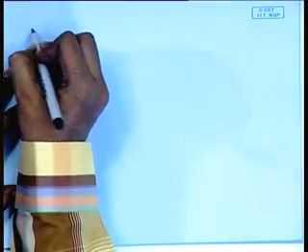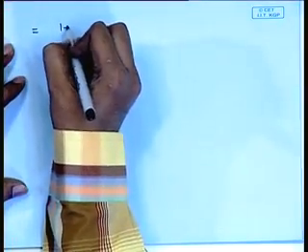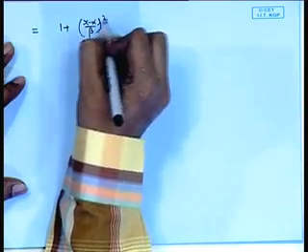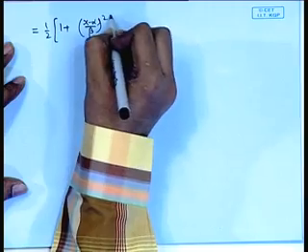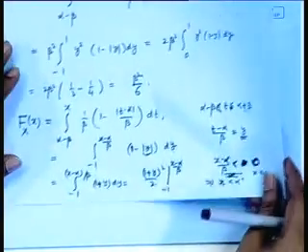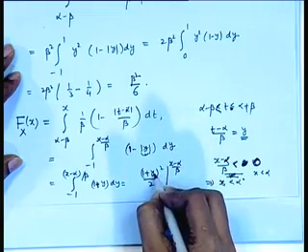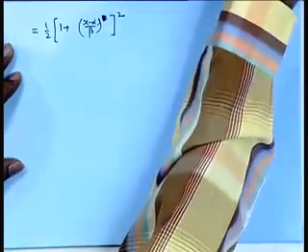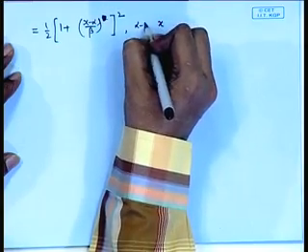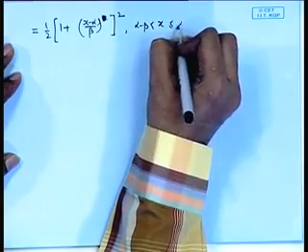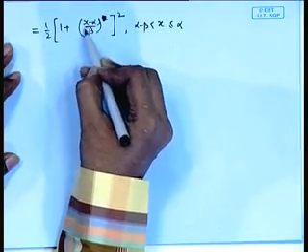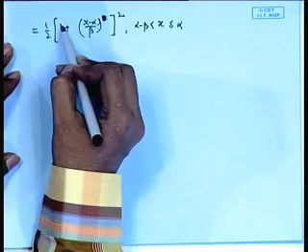So, this is evaluated to one plus ((x minus alpha)/beta) whole square by 2. So, this is for alpha minus beta less than x less than or equal to alpha. If you look at this value at x equal to alpha, this becomes 0, so the value will become exactly equal to half.